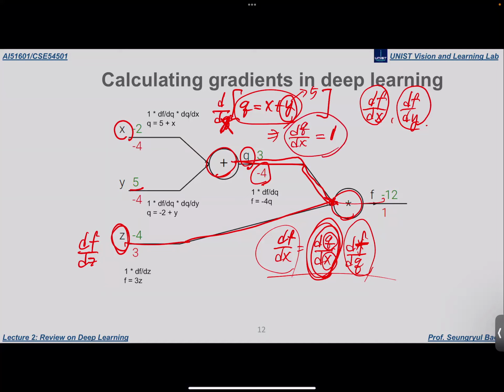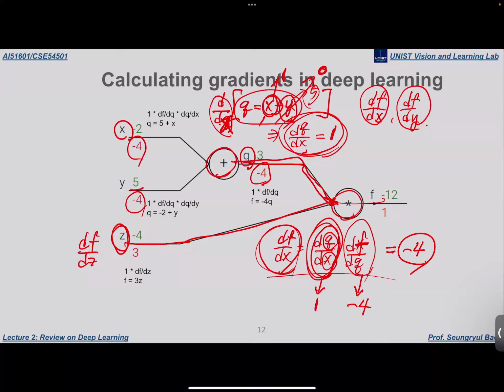So if we apply this, then this goes 0, right? And if we apply dx to x, then it becomes 1, right? So dq dx is now 1. This is 1, and this is -4. So df dx is -4, right?